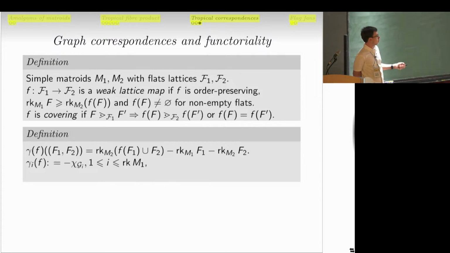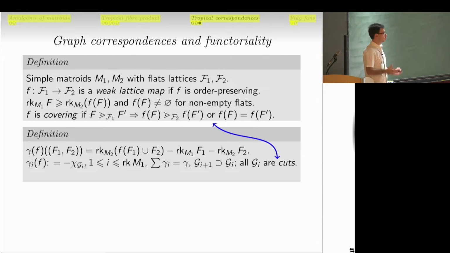And as before, once we have such a thing, we can decompose it into the characteristic functions of the things which we call the cuts. But if we want them to actually be the cuts, the initial map must be covering. So it means that these are just the minus characteristic functions. They sum up to the function gamma, and they're growing, so each next one covers a larger part of our flat lattice than before.